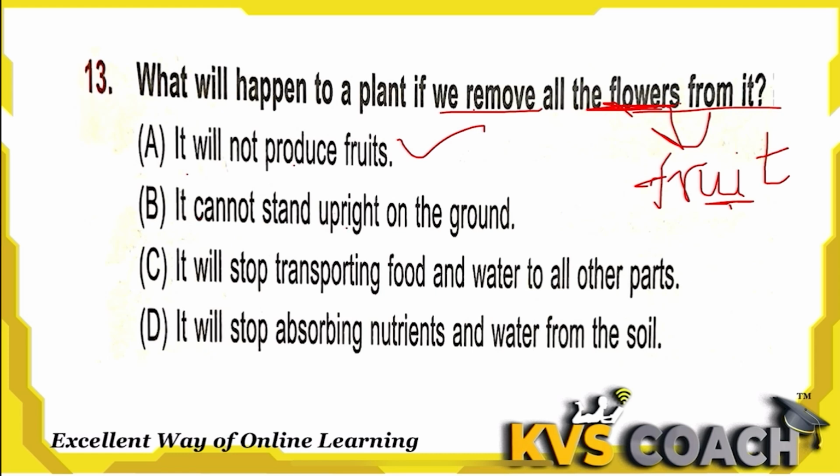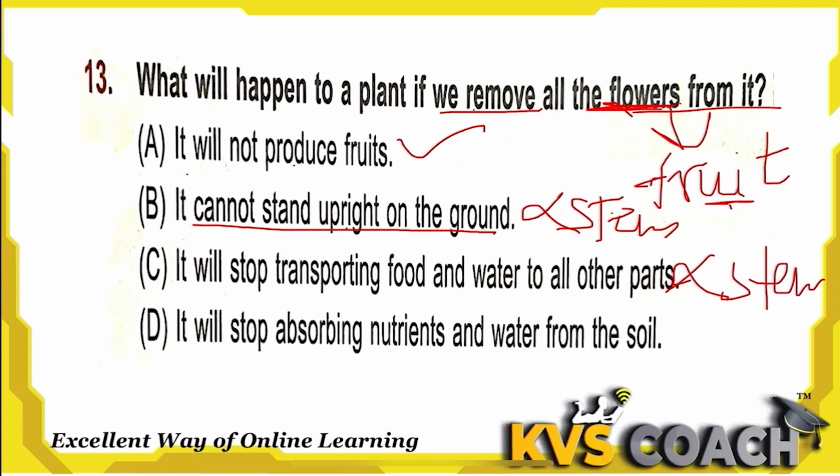It cannot stand upright on the ground. Wrong, because standing upright is the role of the stem, not of the fruit. It will stop transporting food and water to all other parts. This is also wrong because this is also the role of the stem. It will stop absorbing nutrients and water from the soil.